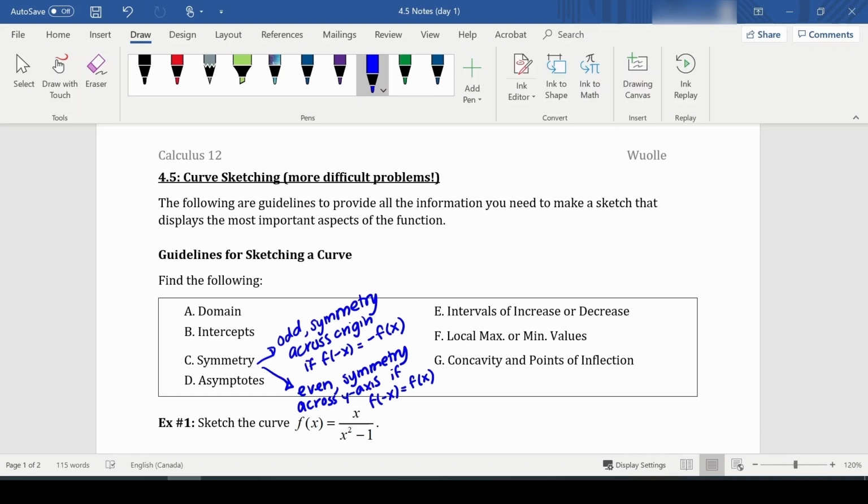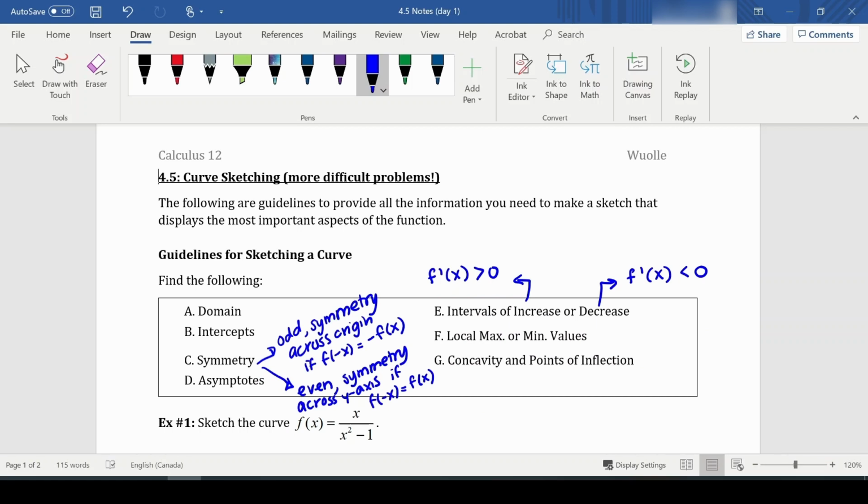Intervals of increase or decrease, you need f prime. Increasing is where f prime is greater than 0. Decreasing is where f prime is less than 0. Your max or min values, you're looking for where f prime equals 0 or does not exist, and you need to find a change in sign.